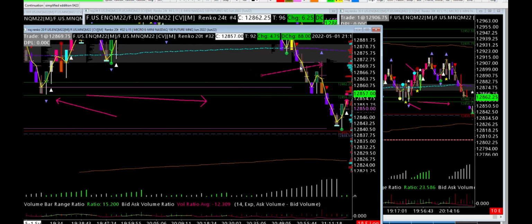But in this case, they failed to continue and then absorbed all the buyers and broke down one time further. So if you look to the left, where I've got this arrow, you'll see that we have another absorption bar. And this is an interesting phenomenon I've noticed and have been watching closely lately.